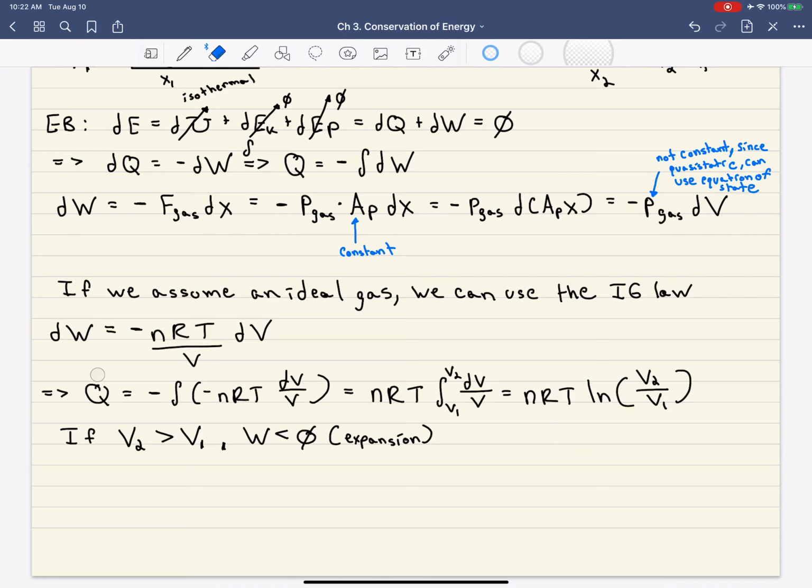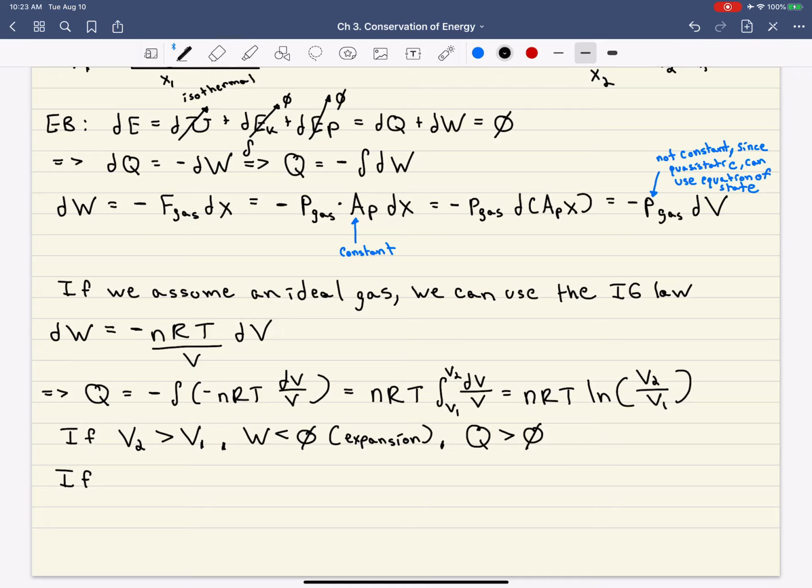We also know that the heat required by our system in order to keep it isothermal has the opposite sign of work. And so if our work is negative, that means the heat is going to be positive. So heat needs to be added to the system whenever there's expansion in order to keep it isothermal.